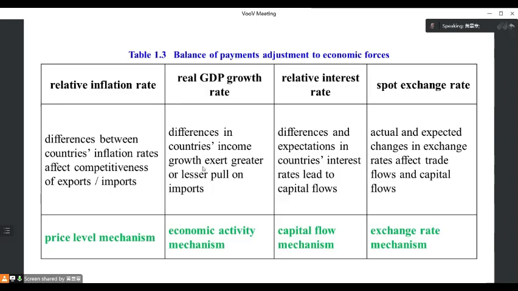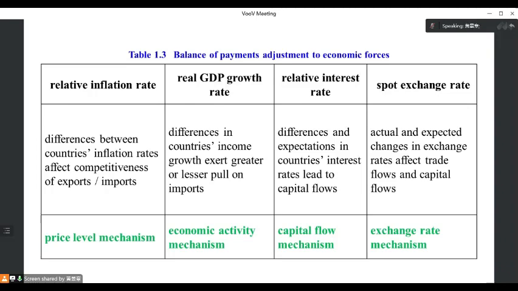So when a country's real GDP growth rate increases, it means this country has more income, and this will make this country import more goods and services.